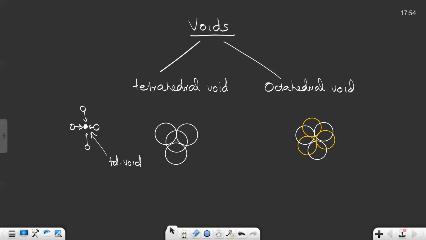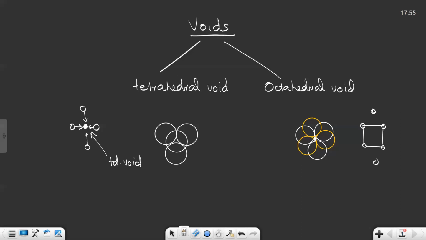So now this particular void formed between these six atoms is known as an octahedral void, and these octahedral voids can be explained in a different way. Consider six atoms: four atoms in one plane, one at the top and one at the bottom, and these four atoms make a square.